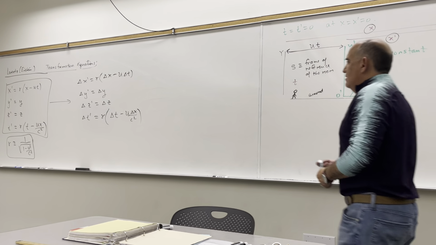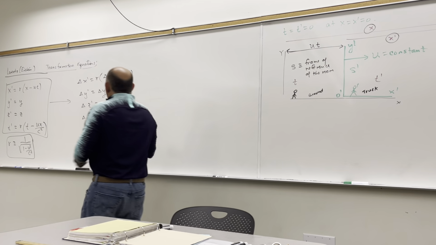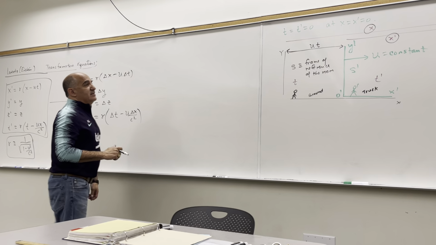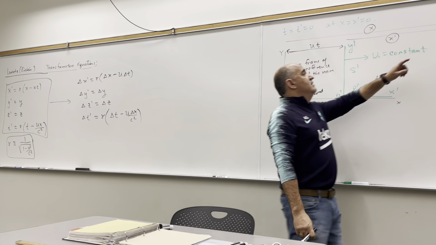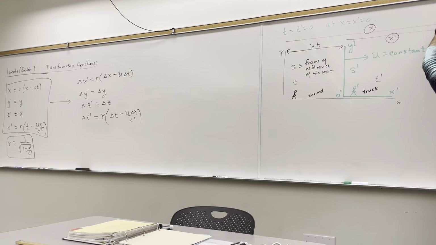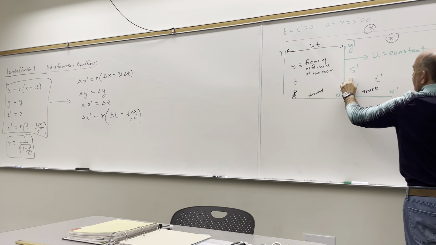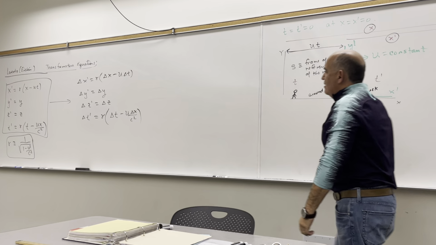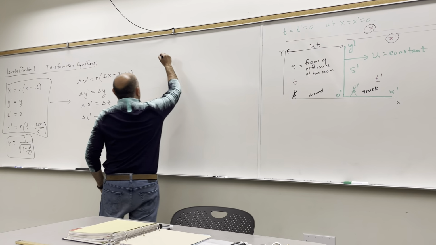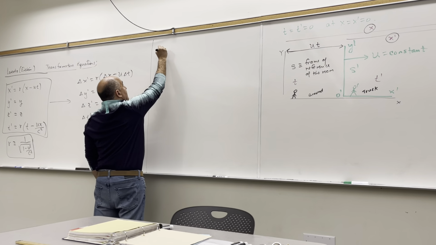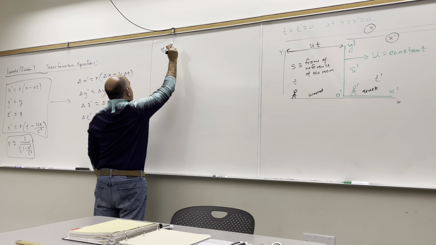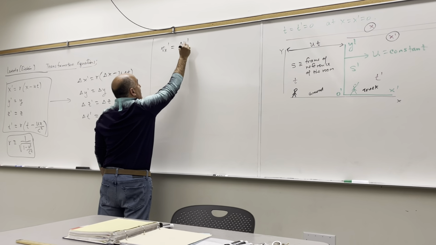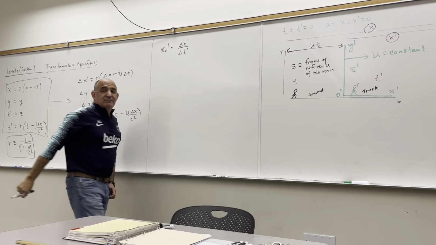All right. Now, what is the x component of the velocity of this object as measured by someone in the green S prime frame? Well, that would be v of x prime, which is delta x prime over delta t prime, correct?